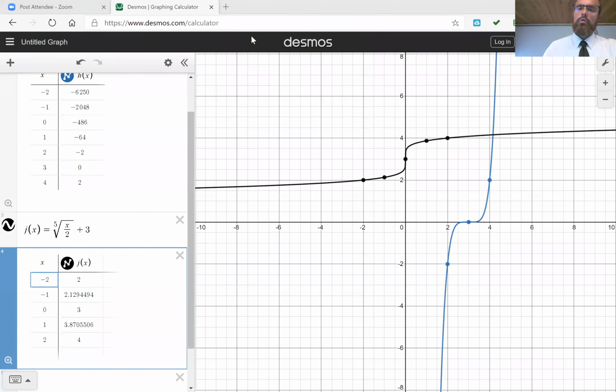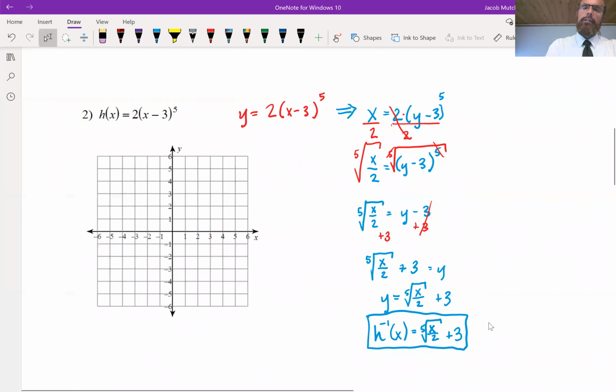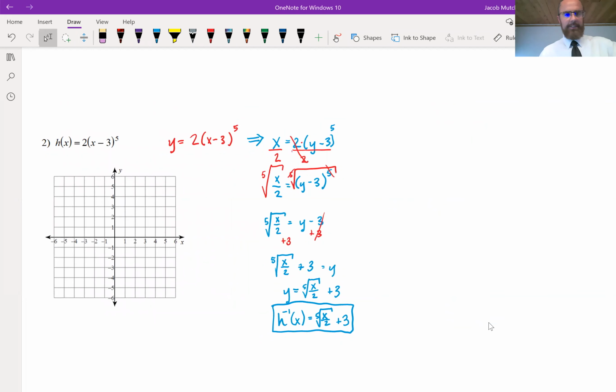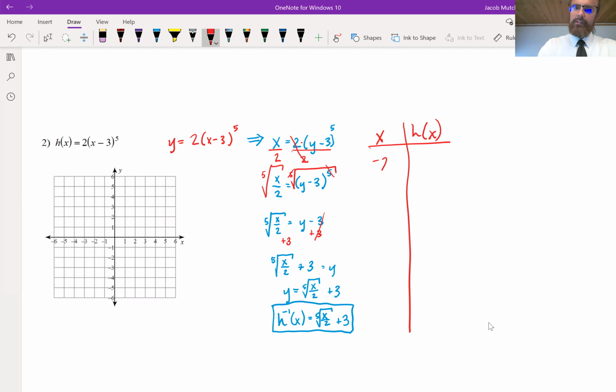So let's squeeze the screen so that we can get some room to write these tables. So we'll put h of x here first. So x, h of x. And remember, we had started with -2 through 2, but extended it to 4 to catch some graphable points.